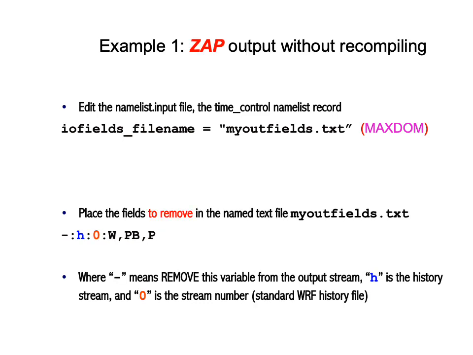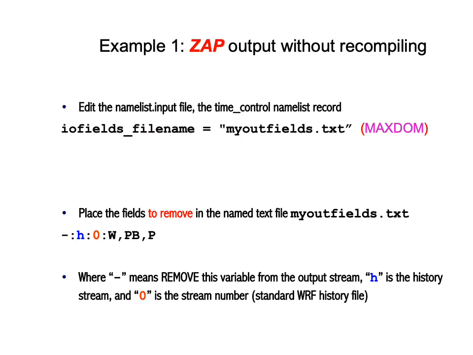Similarly, if we would like to remove variables from an output stream, that's also done without recompiling. We also would just say IOFields file name and then the list, the myoutfields.txt. In this case, instead of having a plus sign, we would have a minus sign. The minus sign says I'm going to remove variables. H says from a history stream. 0 says this is stream number 0.